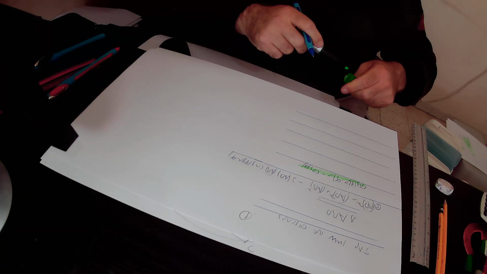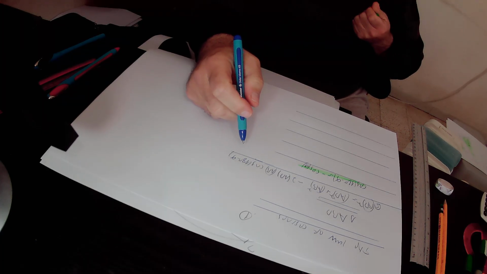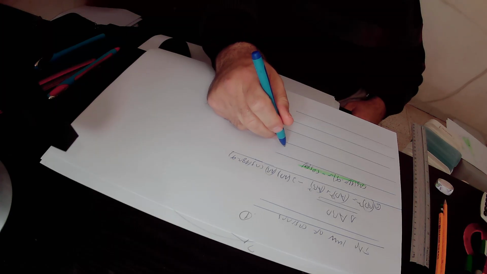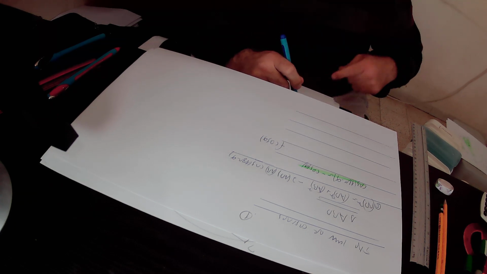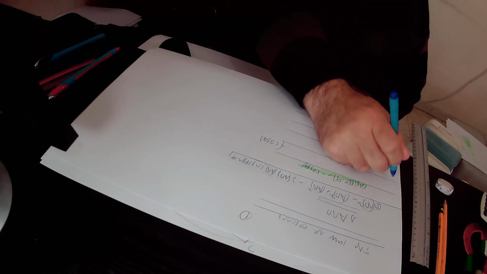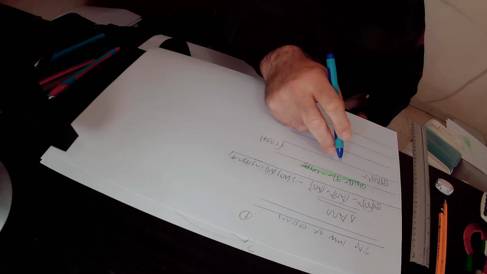So according to this trigonometric identity, cosine 180 degrees minus alpha equals minus cosine alpha. So in total we have, according to equation 1, BD squared equals AD squared.